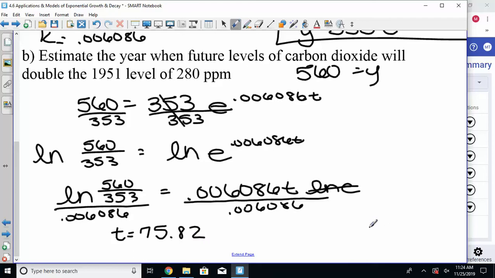So 75.2, is that what you guys got? Now, that is my t value.